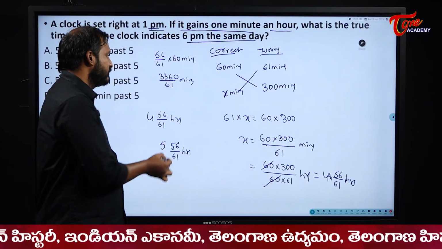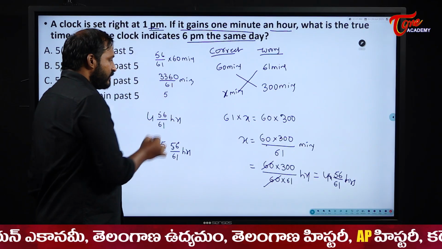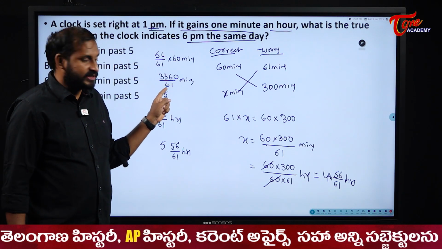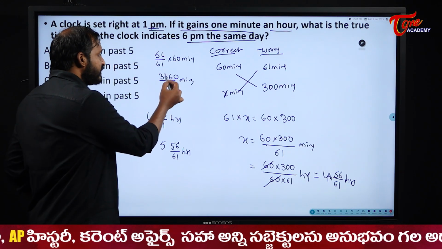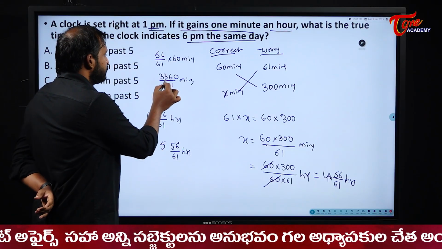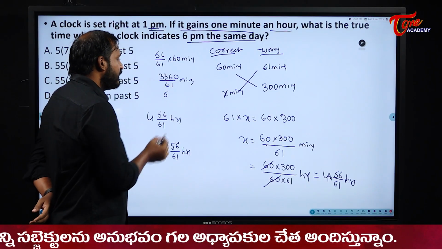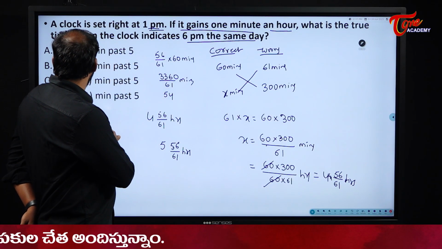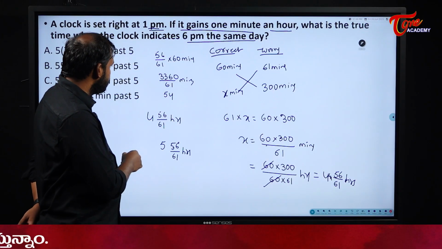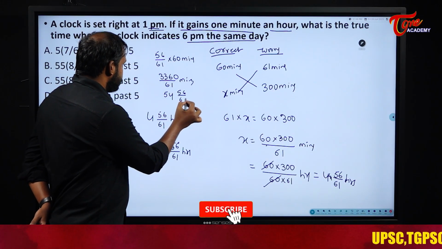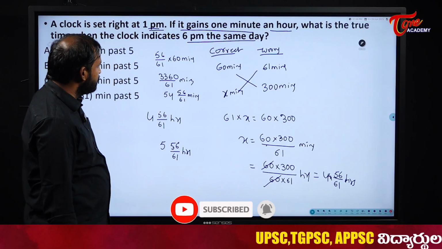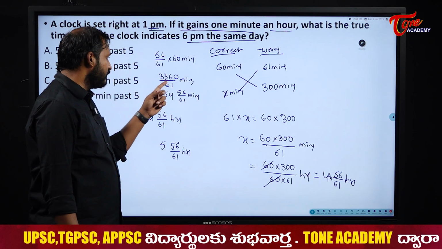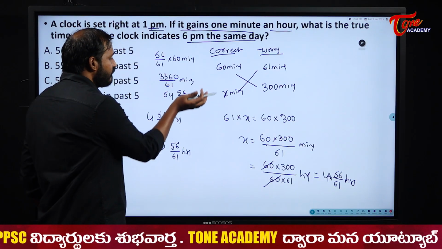This is just a calculation part. 61 fives are 305.